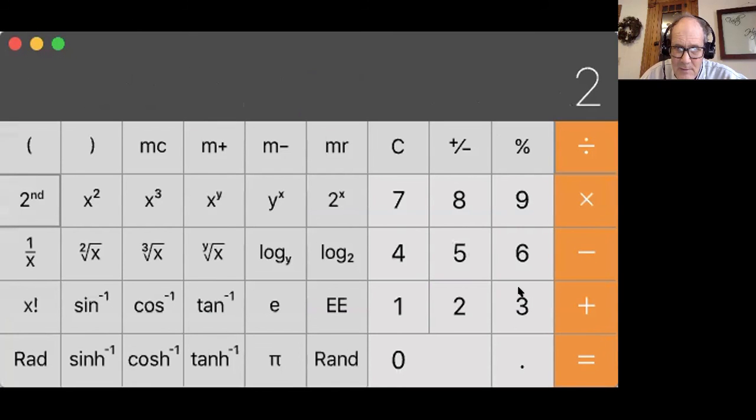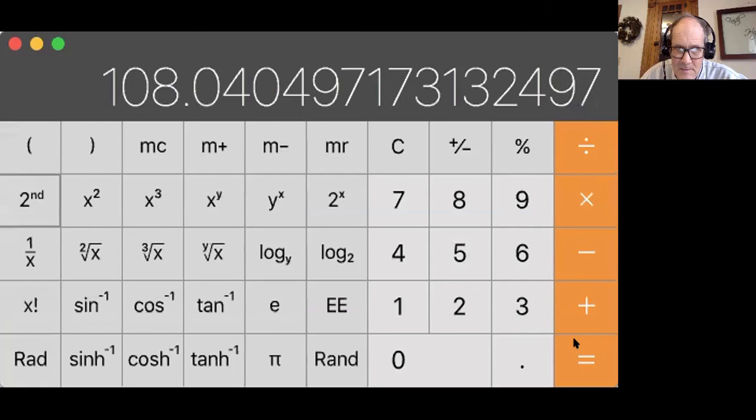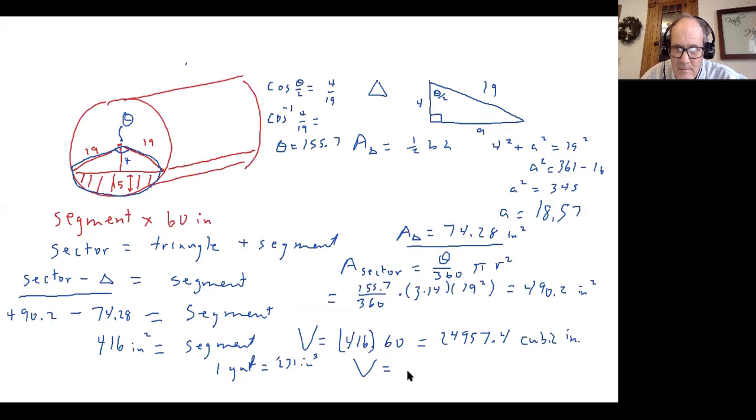Divide by 231 and we end up with 108 gallons, about. So the 15 inches of fuel in the bottom of this cylindrical tank is about 108 gallons.